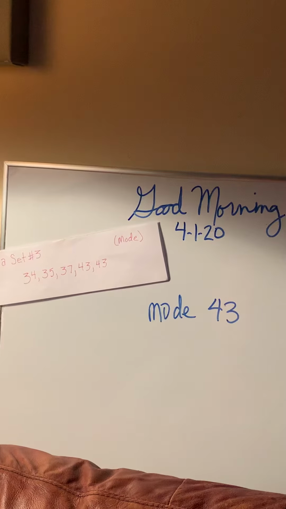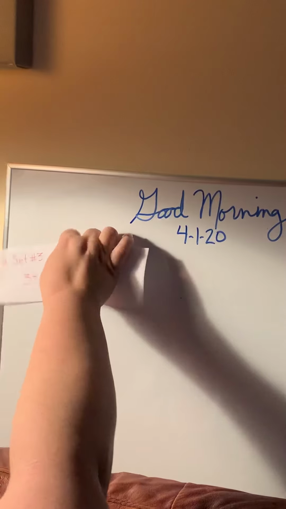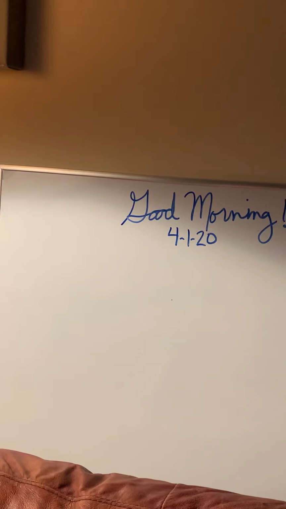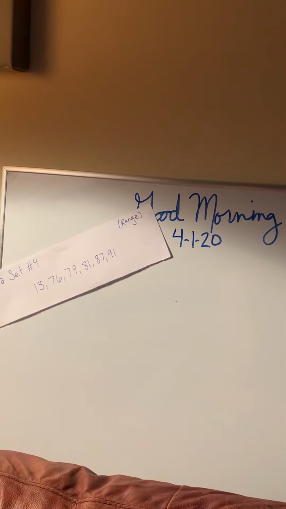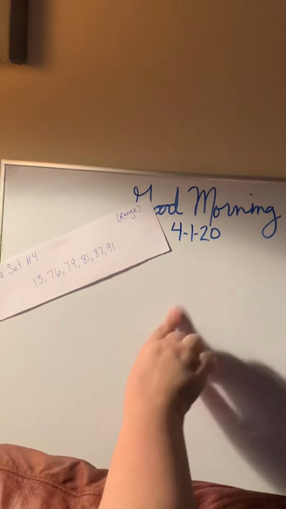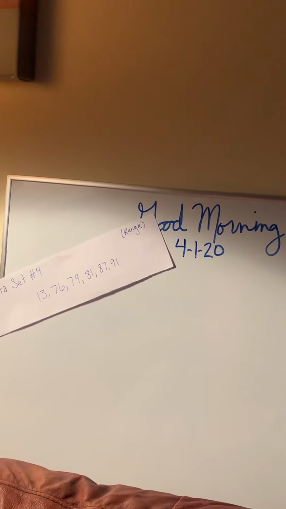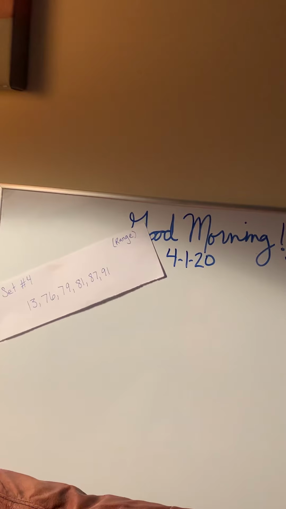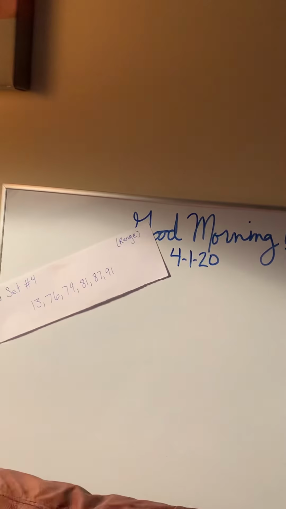Okay? All right. The next one we're going to look at real quick is the range. To find the range in a set of data, all you have to do is find the largest number. In this case, I went ahead and put them in order for you. It's pretty easy to see.